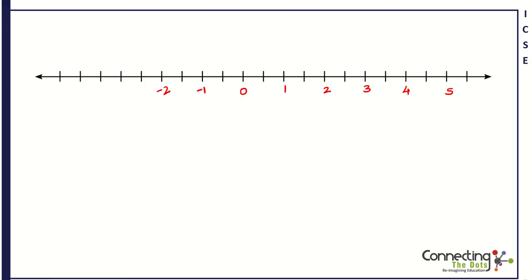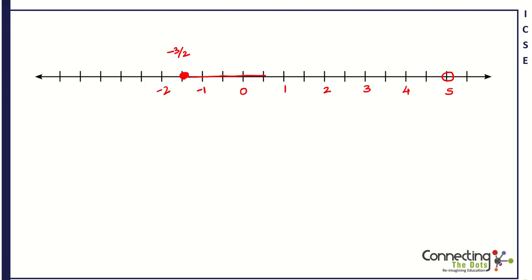So negative 3 by 2 is negative 1.5. It starts here. This is negative 3 by 2. And 5 is over here, but it has to be less than 5. So I put a hollow dot at 5. This is a solid dot. Between the two I draw a line.